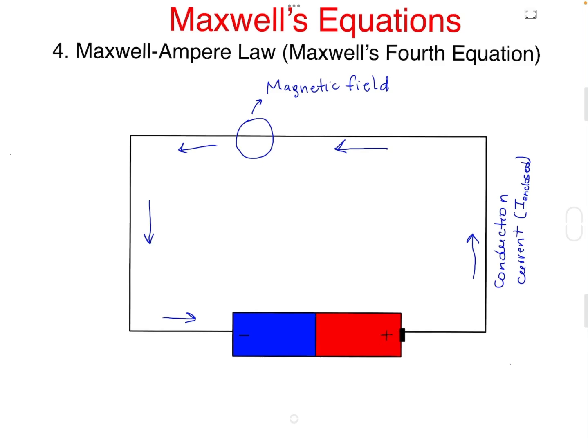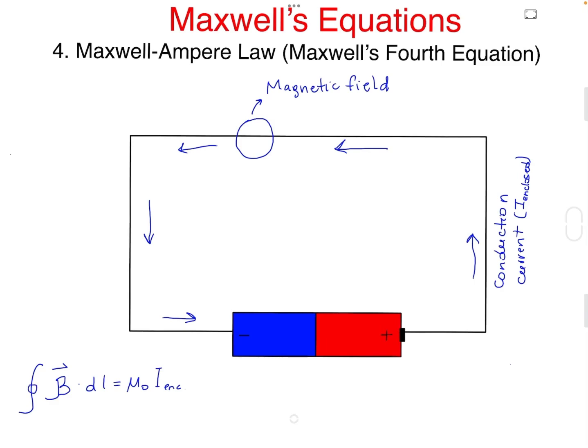And by equation, it's written as this. This is our magnetic field, B dl, is equal to this, which we call the permeability, times I enclosed, and then we integrate it.